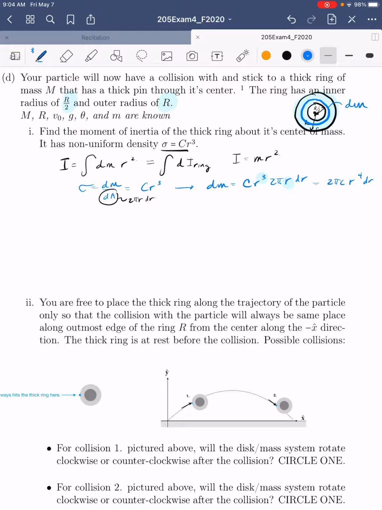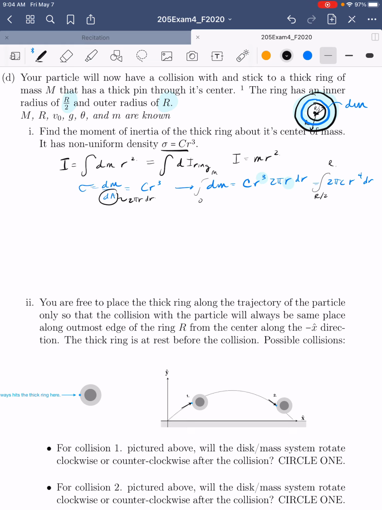Once I have that, I can kind of right away plug it into here, but I'd actually just like to find my c first. So I'm going to integrate here and here from 0 to the total mass of the ring, which would be the whole ring, which means from the inner radius to the outer radius, r over 2 to r.